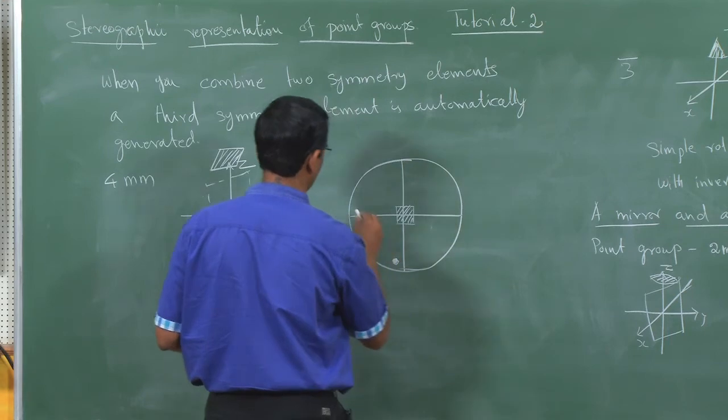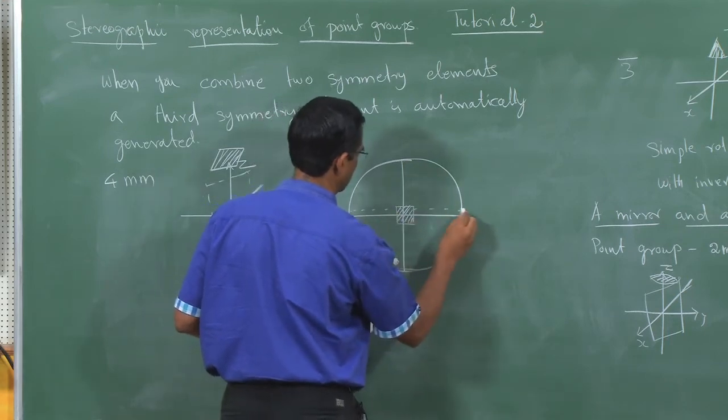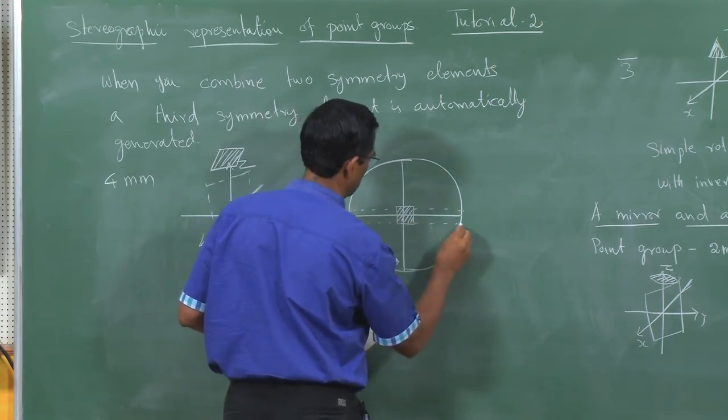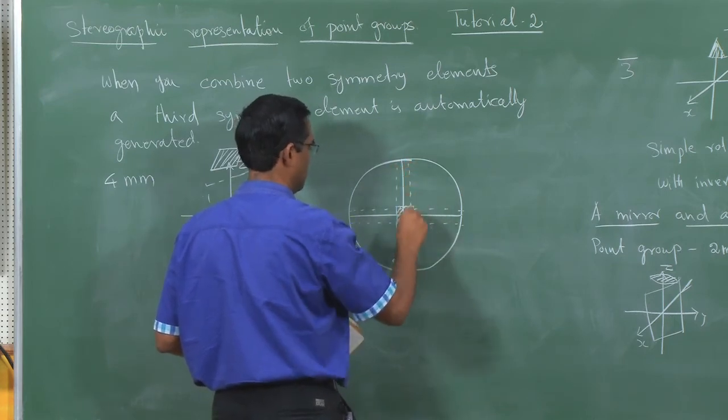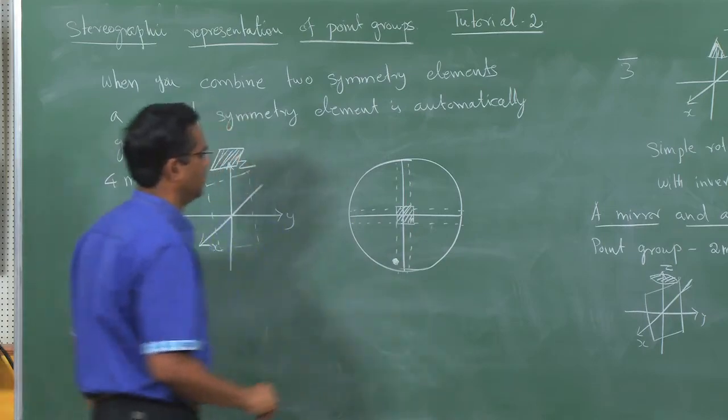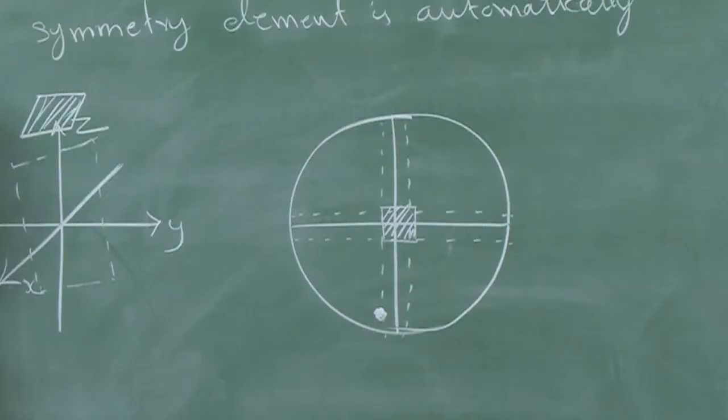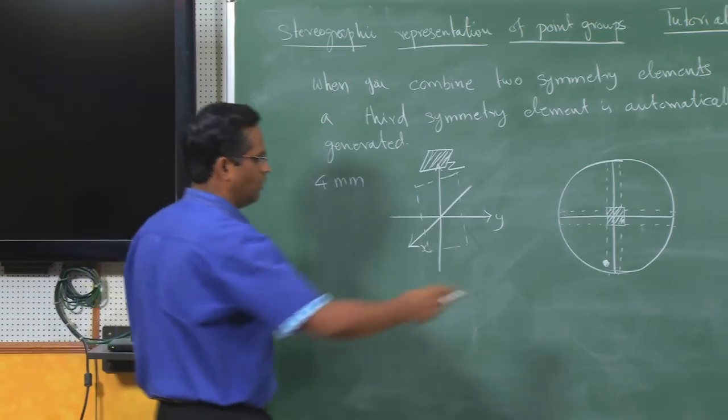So, 4mm, I will have 2 mirrors. When you combine 2 mirrors, it is always considered 2 perpendicular mirrors. So, like you have this.